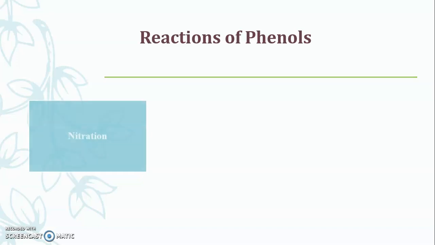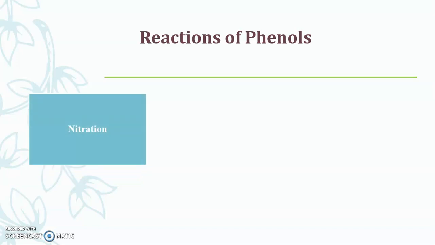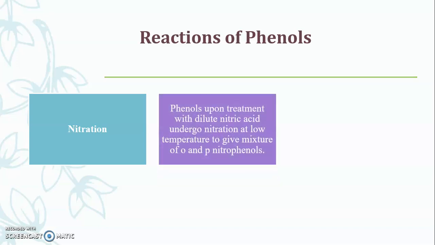Then the next reaction that is given positive by the phenol due to the presence of the benzene ring is nitration. We know nitration is nothing but the addition of the nitronium group or nitro group. Now here phenols, when treated with dilute nitric acid, undergo nitration at low temperature to give a mixture of ortho and para nitrophenol.